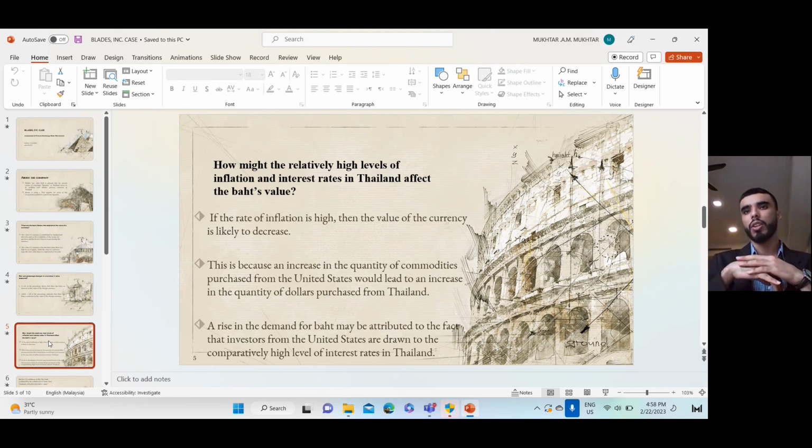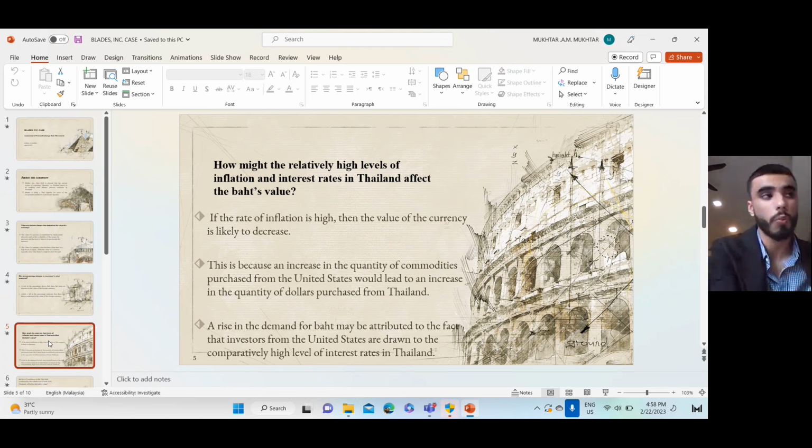So what do you mean by that? When the inflation is high, for example in Thailand, the money won't be worth that much to other countries. For me, I can buy so much from Thailand because it's really cheap now. They have inflation, yes, but for me, the current value of my country's currency is much better than baht.